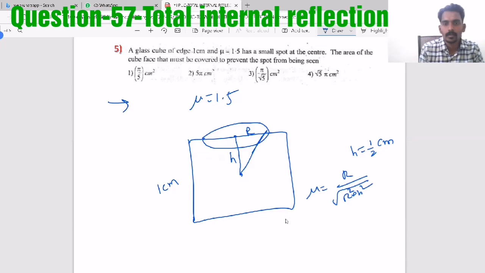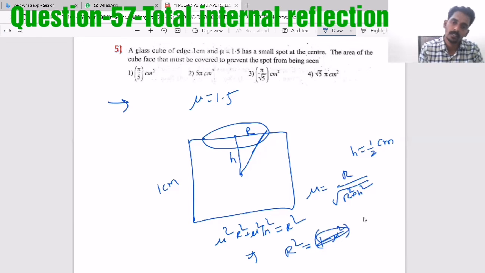Now mu value given. So if you square both sides, mu square r square plus mu square h square equal to r square, so that r square value what it will become is 1 minus mu square, h by under root.